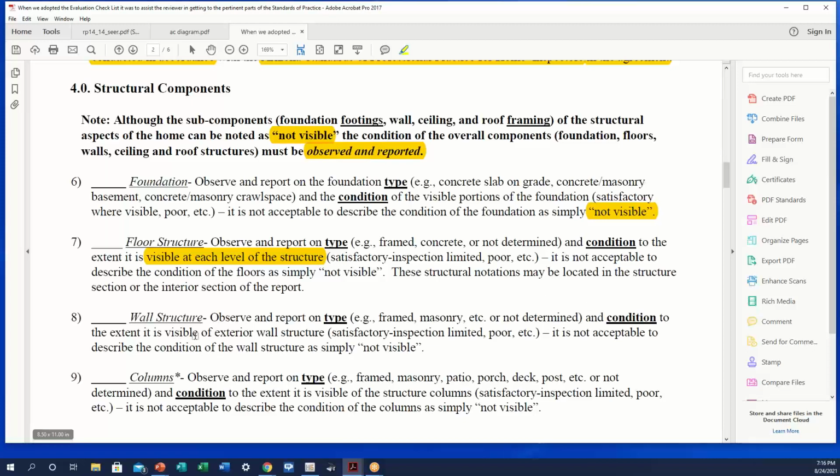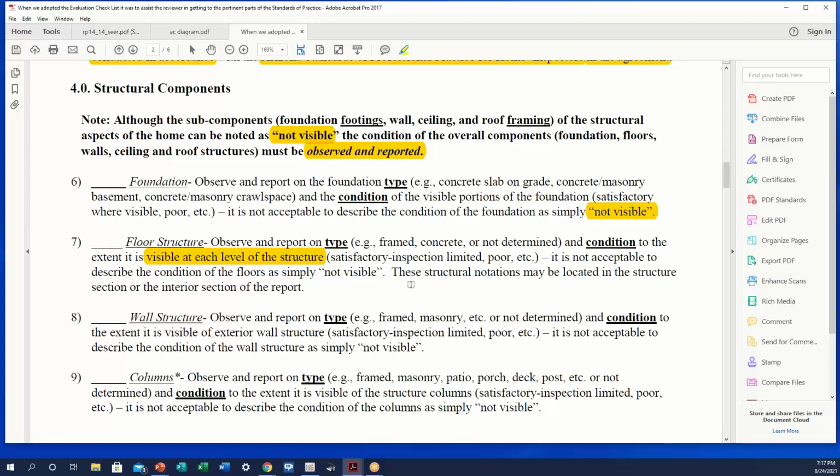Condition, to the extent it's... Go ahead. Back to number 7. It says you can't simply say not visible, though. That's right. So what do you say? Well, they're telling you. You have to describe. You can't simply say not visible. It's undetermined. I can't determine what the floor structure is.